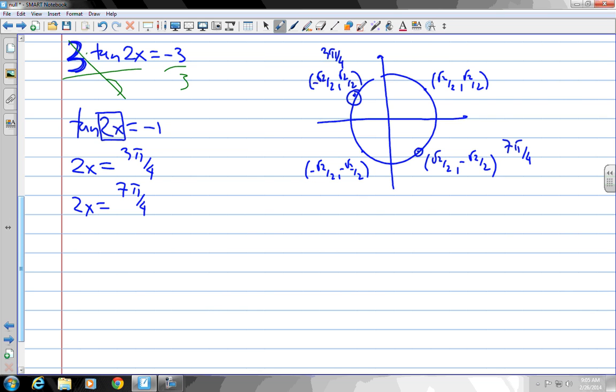Tangent of 7 pi over 4, that's negative 1. So if 2x equals 3 pi over 4, what is x? Yep. So then x equals 3 pi over 8, or x equals 7 pi over 8.